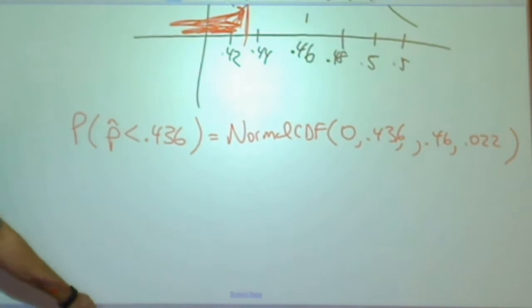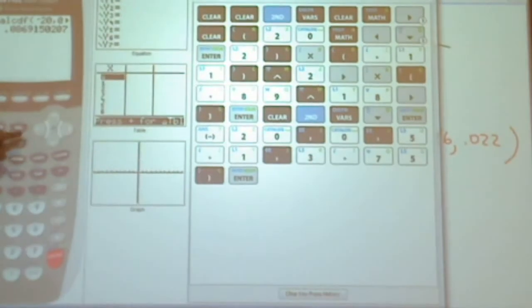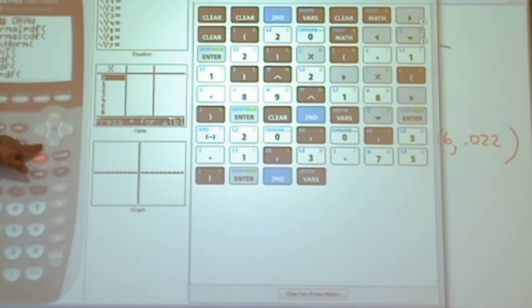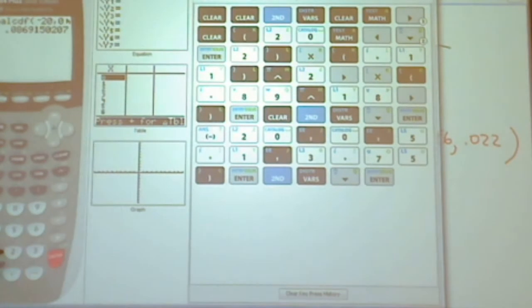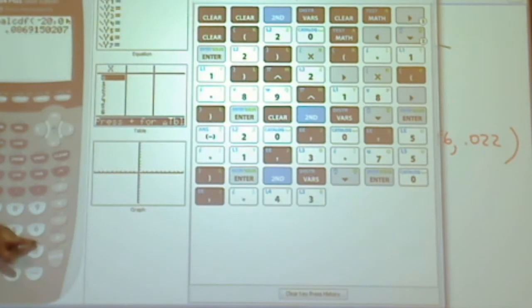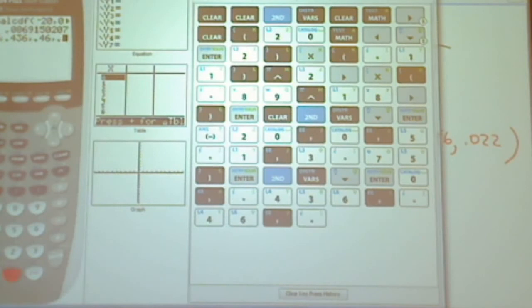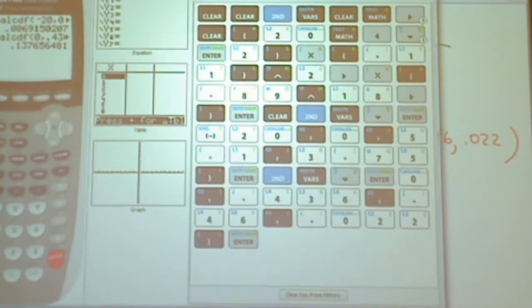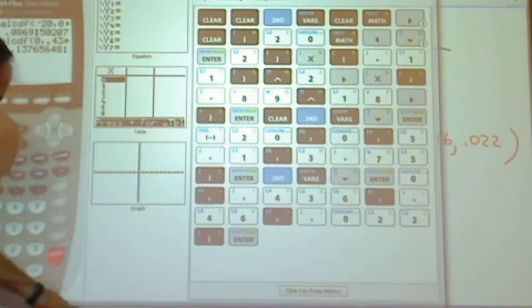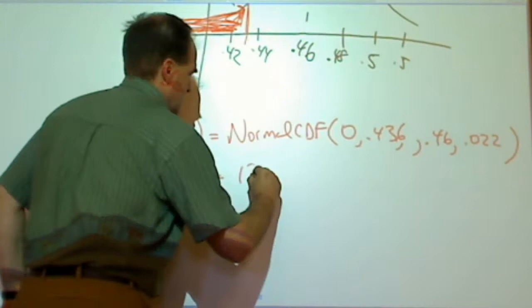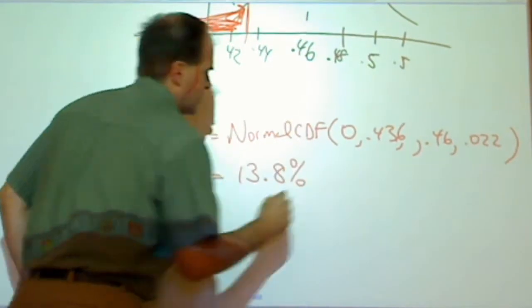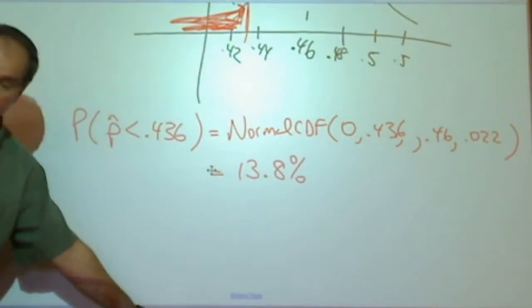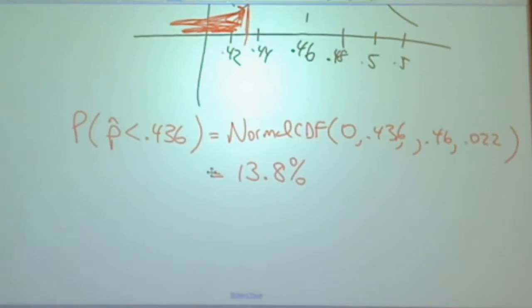Okay, make sure I do this right. So 0, 0.436, 0.46, 0.022. I got 13.8. 13.8%, thank you. Okay, is this making sense to everybody?